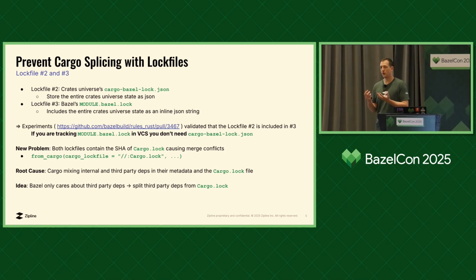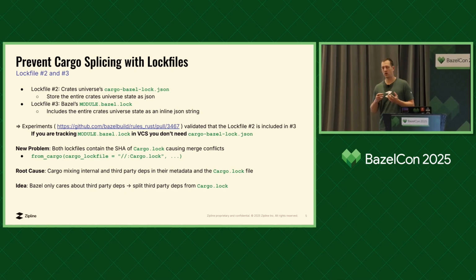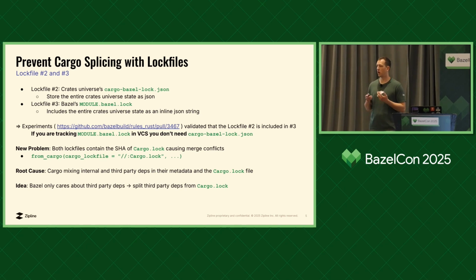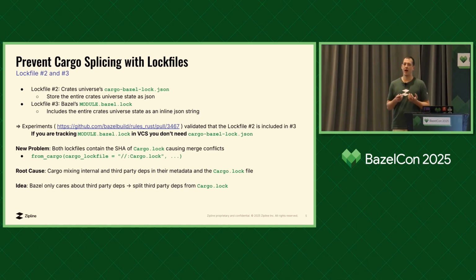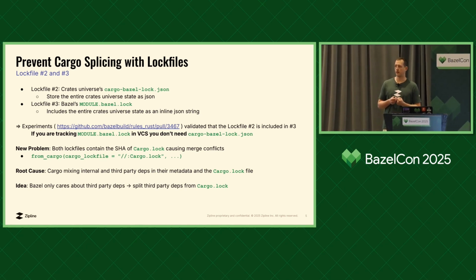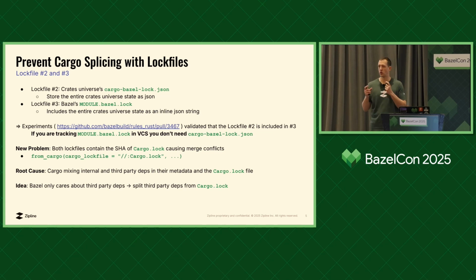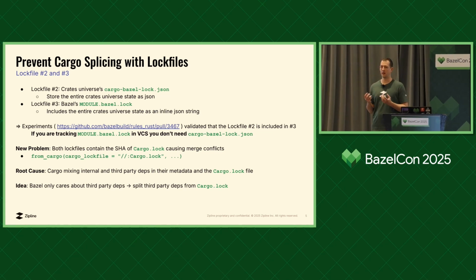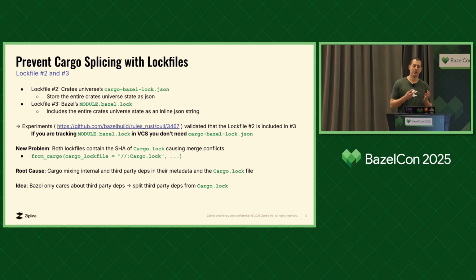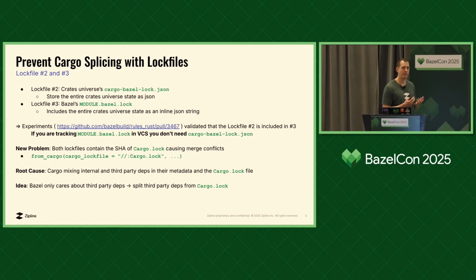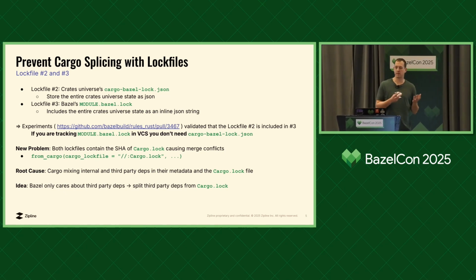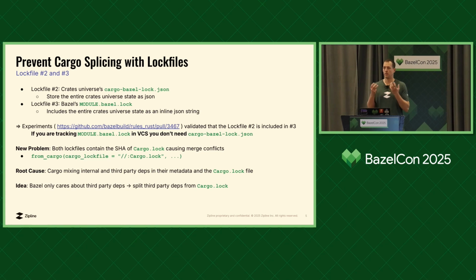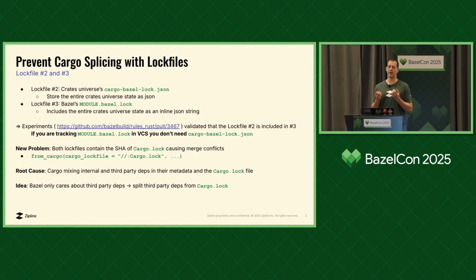Rules_rust itself offers a thing called the Cargo.bazel.lock.json file, and then we have the MODULE.bazel.lock file itself. Both of them store, from a Rust perspective, the exact same content in a slightly different format. I did some experiments to compare them, and from a Rust perspective, the information they store is the same.